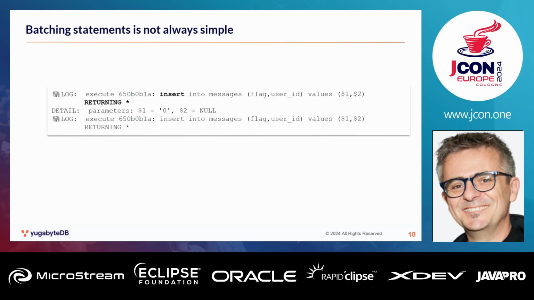If you have multiple inserts that are the same, going to the same table, then the driver can do something. But if they are interleaved between multiple tables, or if there are intermediate statements between them, then it cannot batch them.